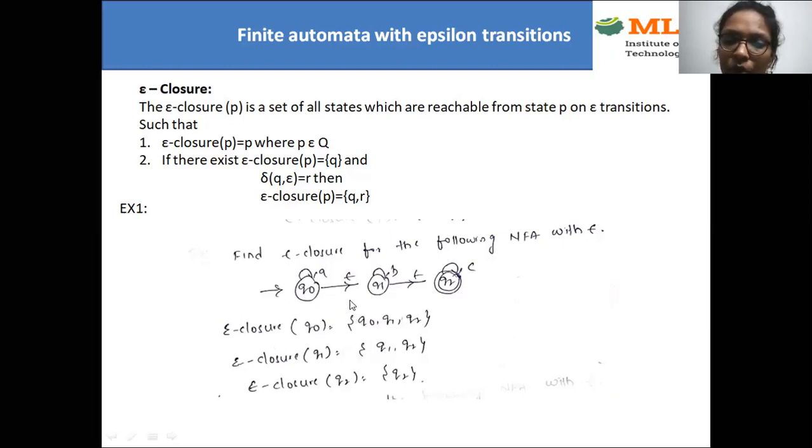Epsilon closure of Q1 is Q1 itself, then on epsilon it goes only to Q2. There is no return direction here, that's why I'm not adding Q0. Then epsilon closure of Q2 is Q2 itself, and we don't have any outgoing epsilon path, so it is only Q2. So this is finding epsilon closure.